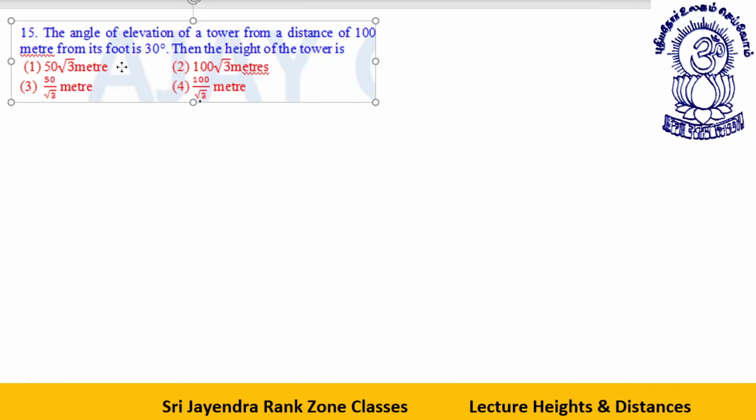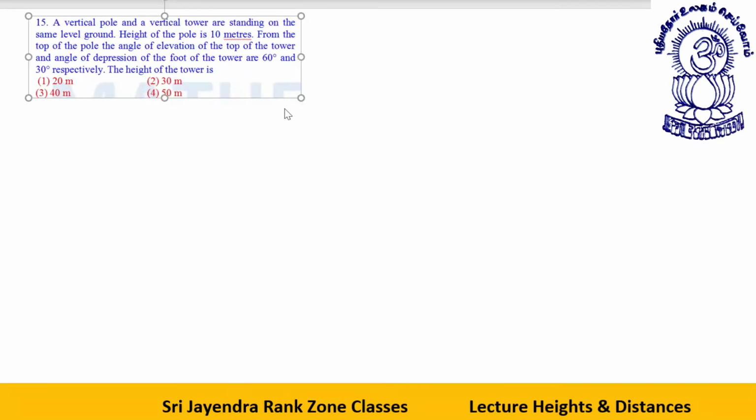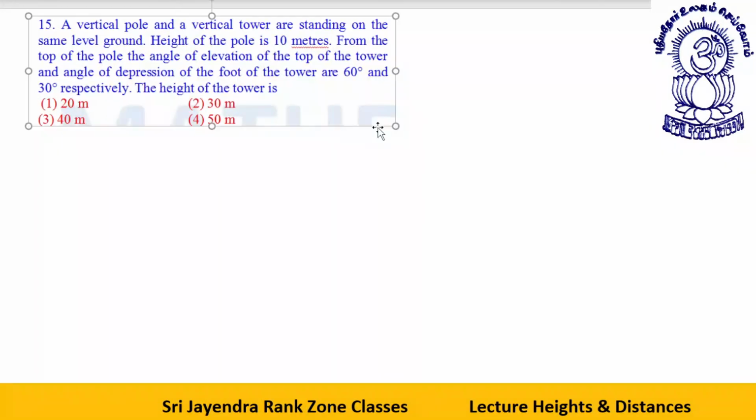Next one is: a vertical pole and a vertical tower are standing on the same level ground. Height of the pole is 10 meters. From the top of the pole, the angle of elevation of the top of the tower and the angle of depression of the foot of the tower are 60-degree and 30-degree respectively.